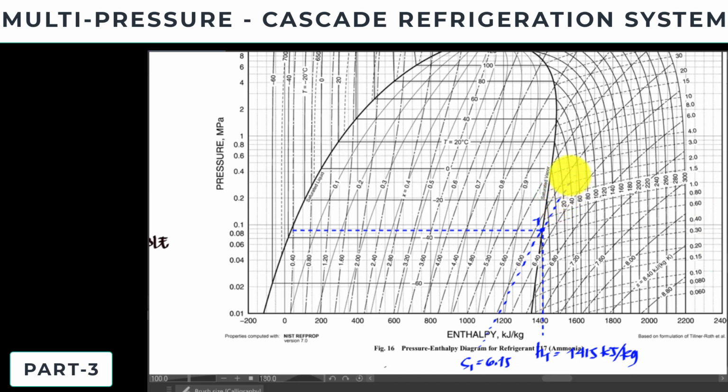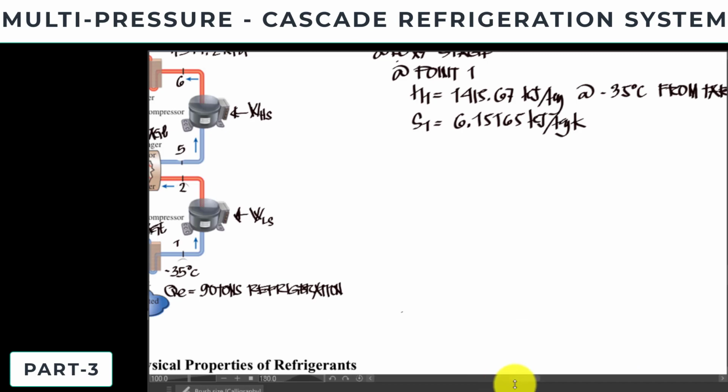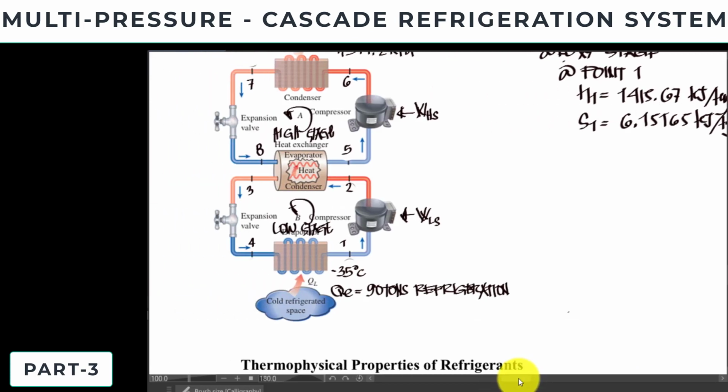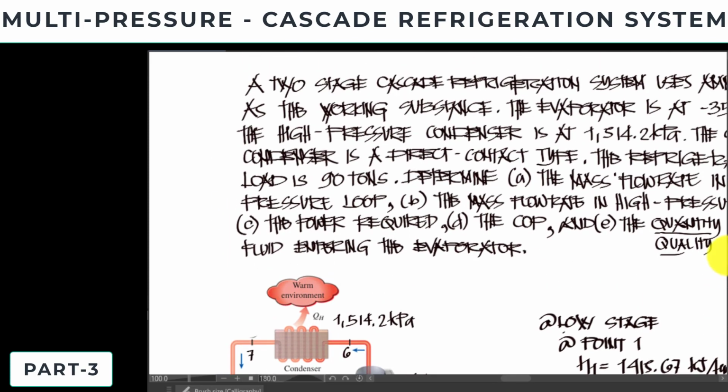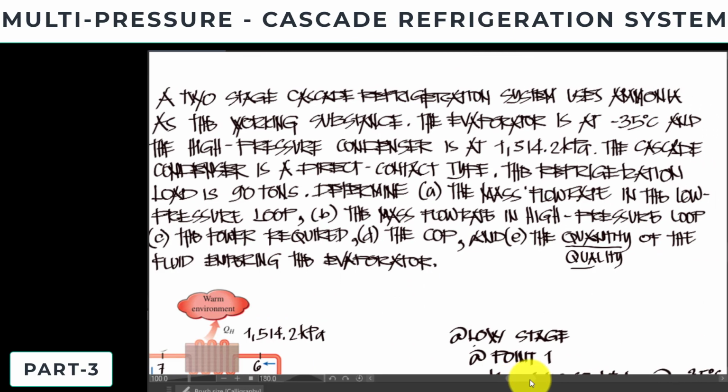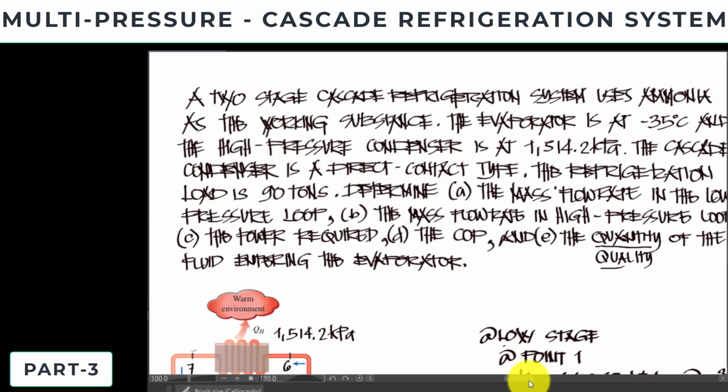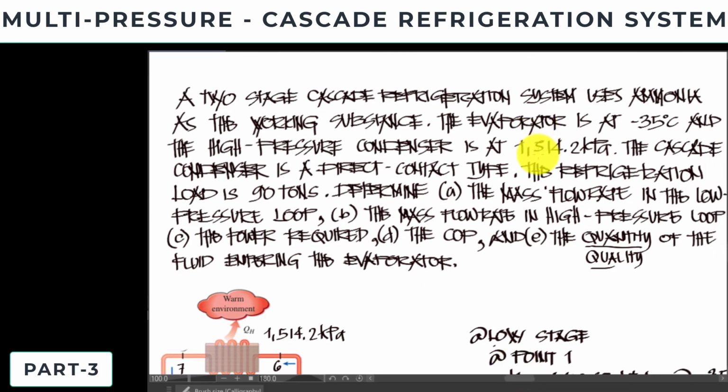Okay. Now, for the pressure discharge, let me check on the schematic value. What is our value? So from here, let me review the problem. What we only have is the condenser pressure, and we have the direct contact.